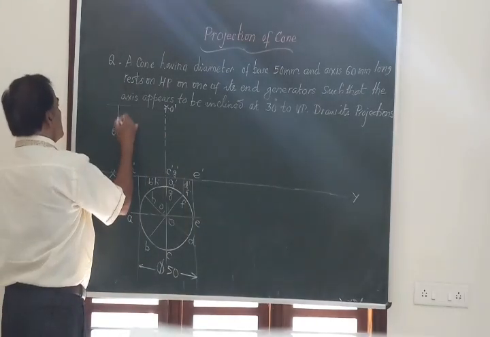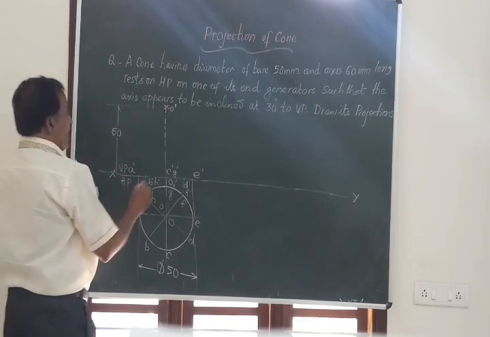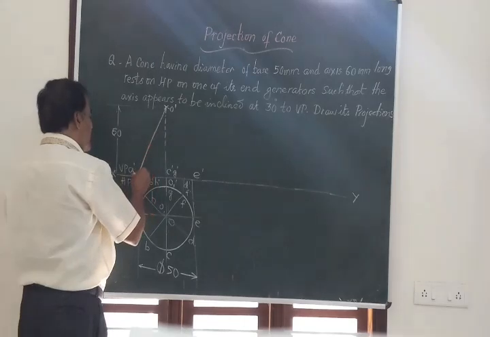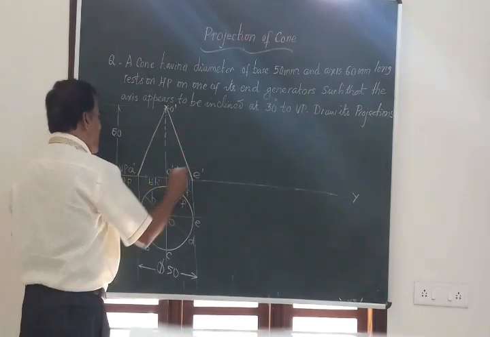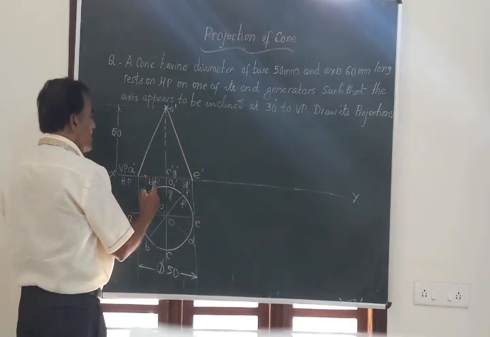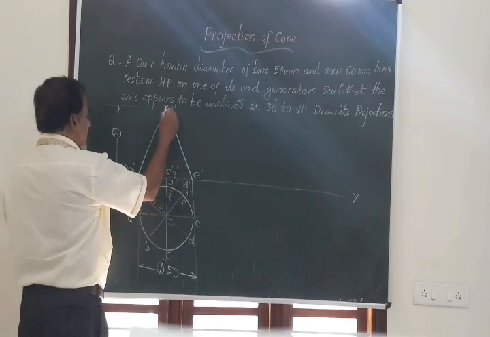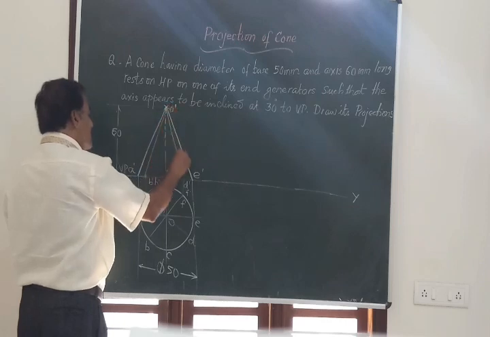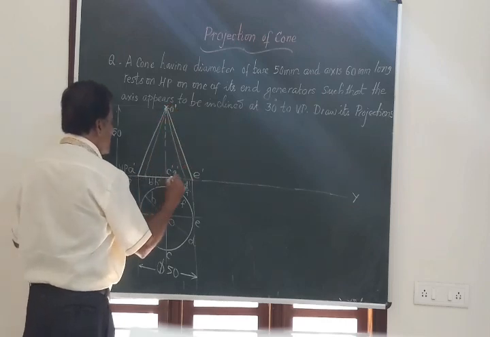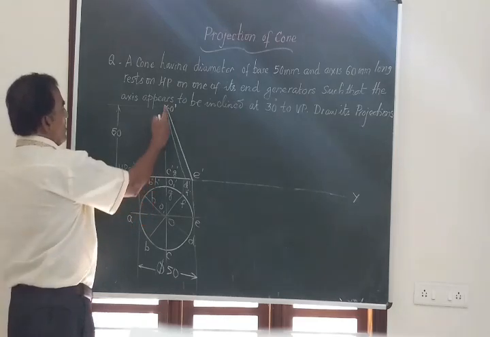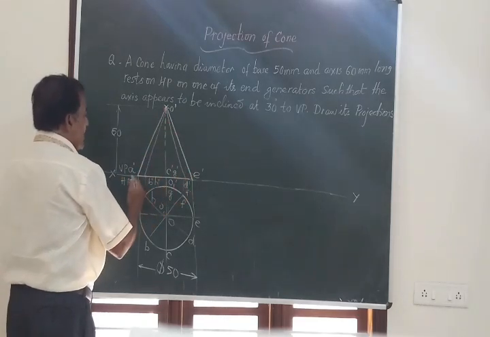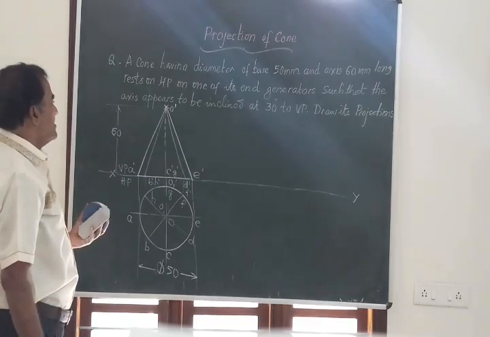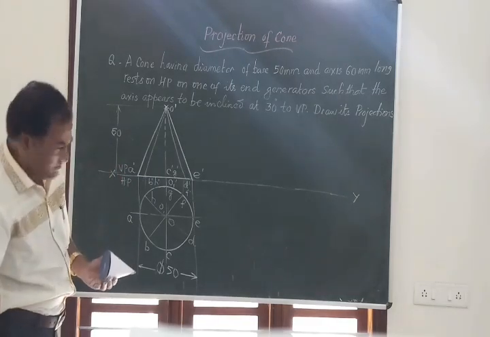I join this to the end generators O dash A dash, O dash E dash, and all other generators OB, OH, OC, OG, etc. will be joined using thin lines. Only the extreme parts of the solid, like O dash A dash, O dash E dash, and the base A dash E dash, should be shown using dark lines.